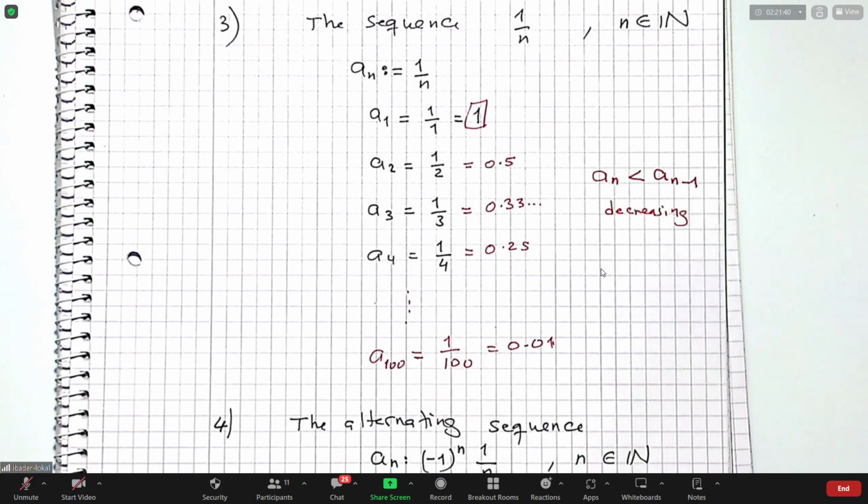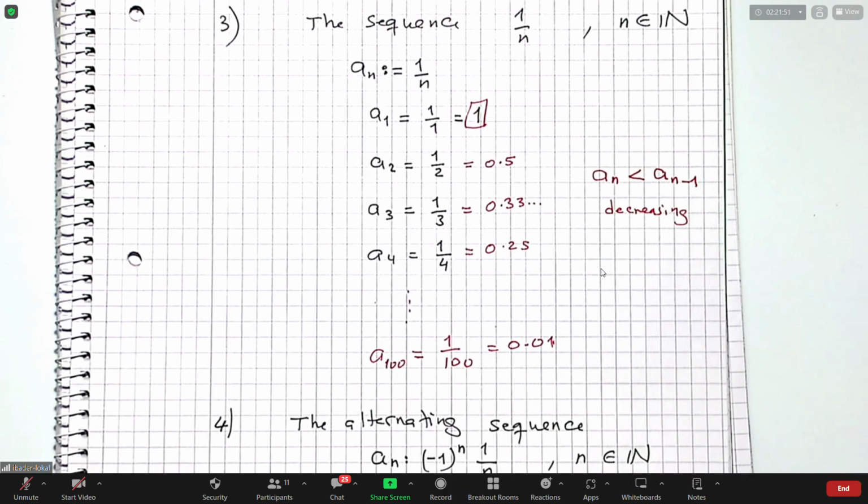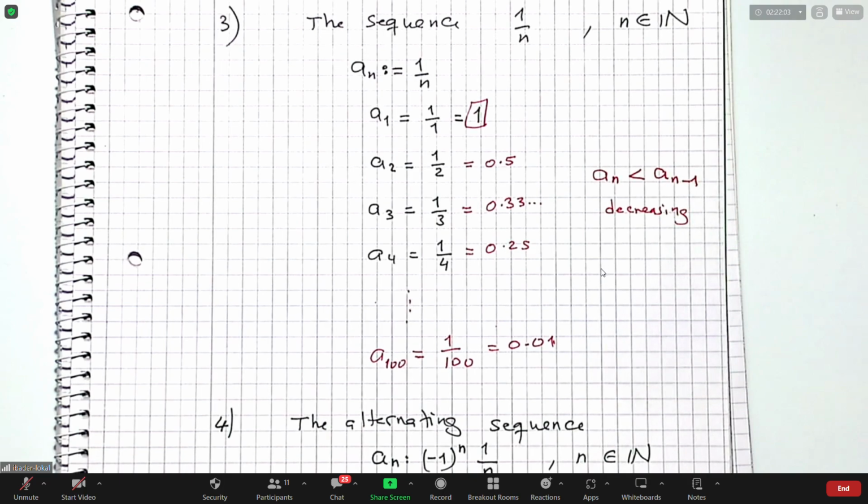So let's see here A1. Now 1 is odd, so here I will have -1 to the power 1 multiplied by 1/1. So here I got -1. Okay. Now at the second position, I have -1 squared times 1/2, and this is just +1/2.